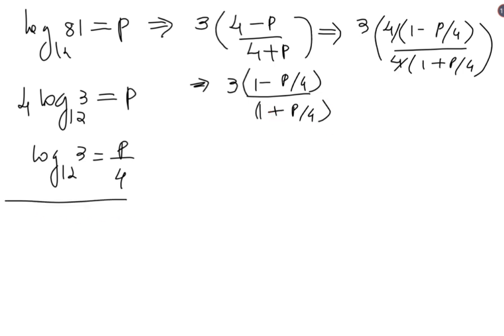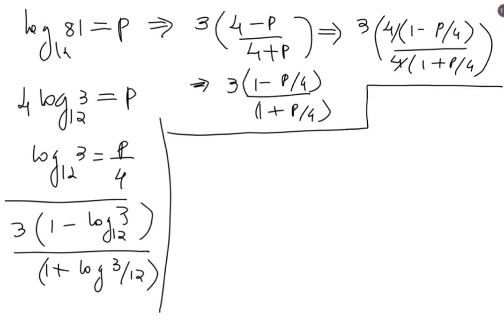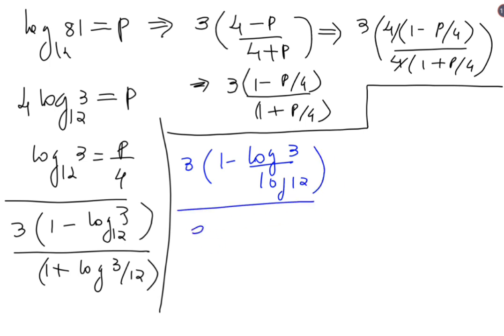So we will have 3, 1 minus log of 3 to the base 12 upon 1 plus log of 3 to the base 12. So then this can now be written as 3, 1 minus log 3 upon log 12, upon, sorry, 1 plus log 3 upon log 12.